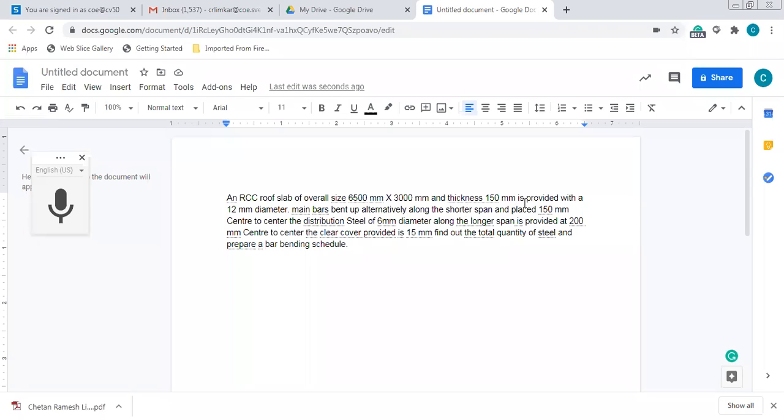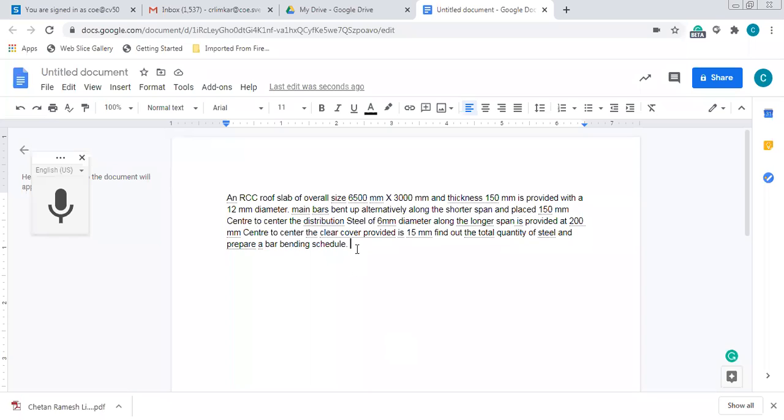Along the distribution side, that is along the longer span, 6 mm diameter steel is used, provided at 200 mm center to center, with a clear cover of 15 mm. We have to find out the total quantity of steel and prepare the bar bending schedule.